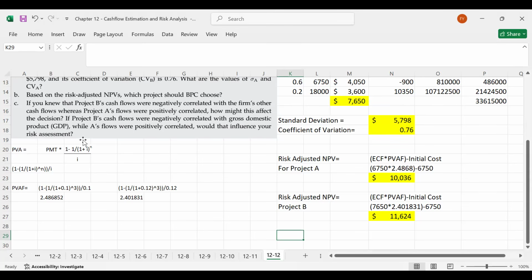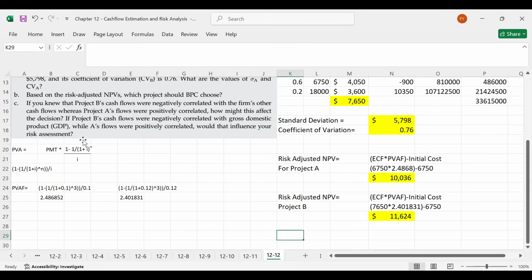It will in fact increase the overall risk of the company. Whereas project B, which is negatively correlated with GDP, implies that it performs well during downturns or bad economic conditions. This means enhancing the firm's stability and overall position.